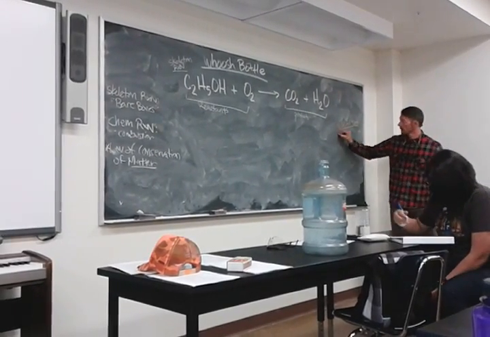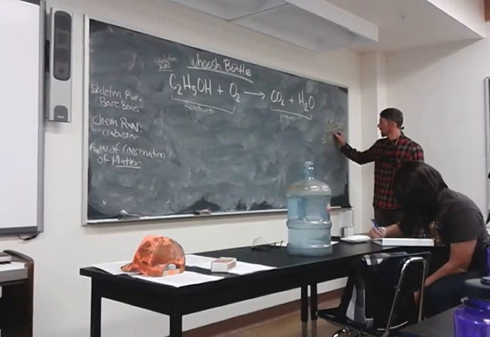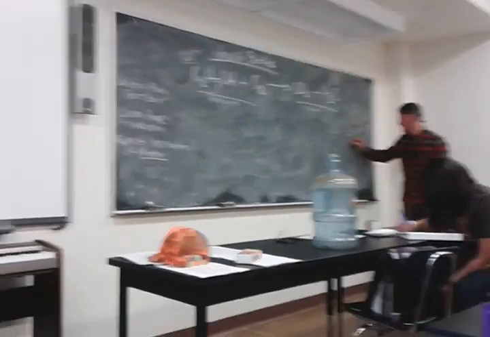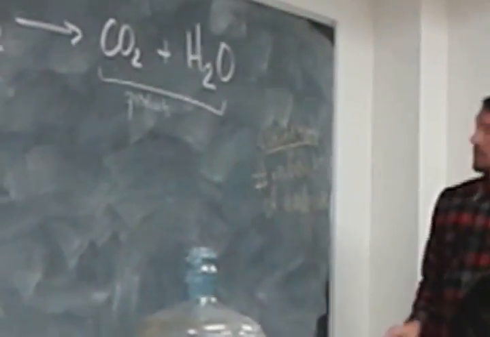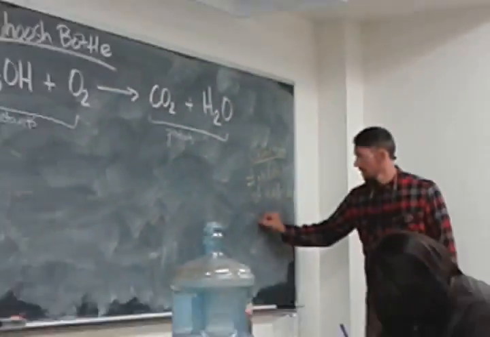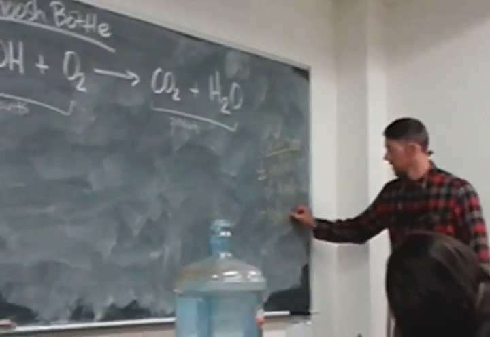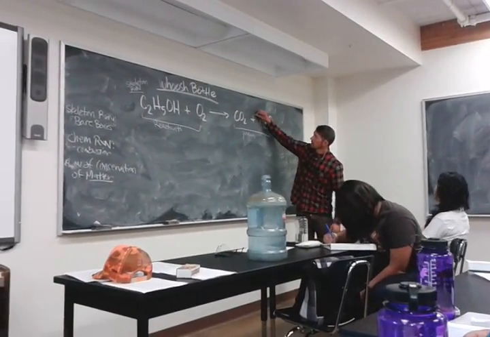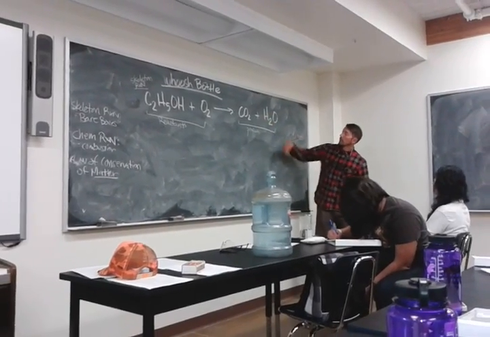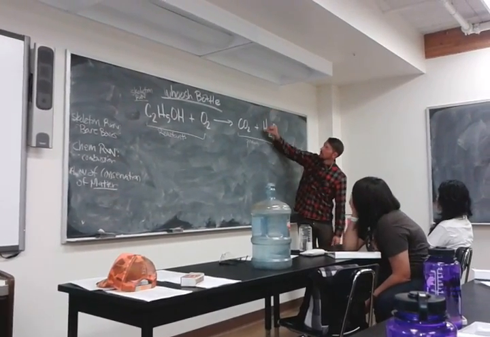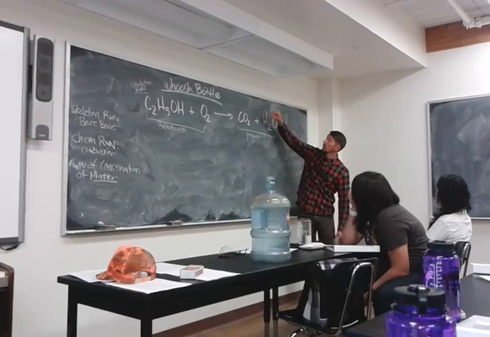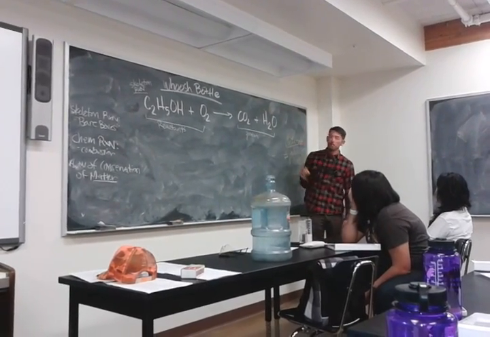A coefficient is basically a number in front of a molecule, and this number relates to what's called a mole amount. And this number, just like in math, gets distributed in. So if we had a 2 here, let's say, there's 4. That means we would have 2 times 2, 4 hydrogens, and then 2 times 1.